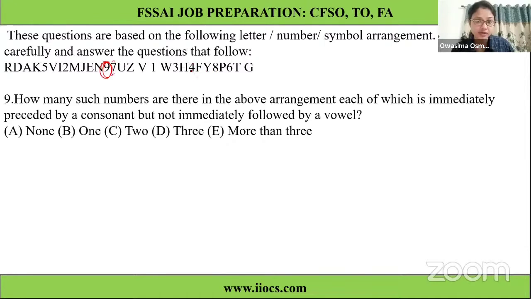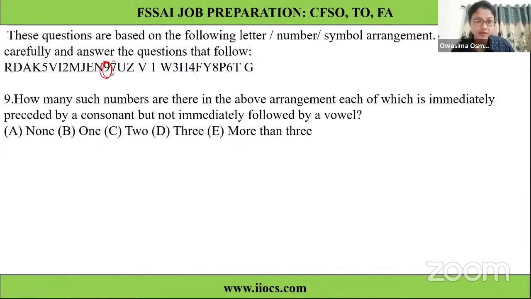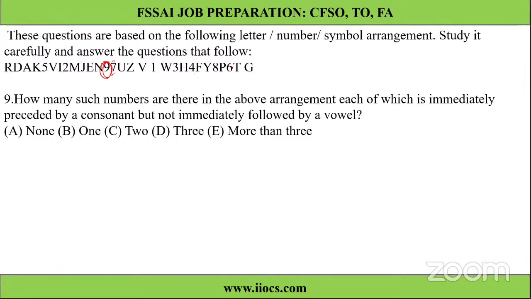The next term is more than 3. How? Because it is immediately preceded by a consonant but not immediately followed by a vowel. So in K5V, 5 is also a number.